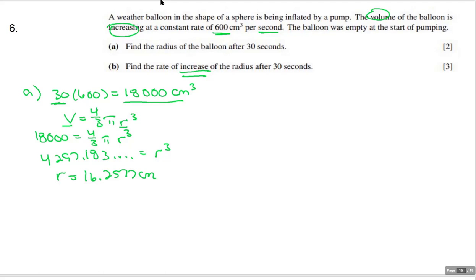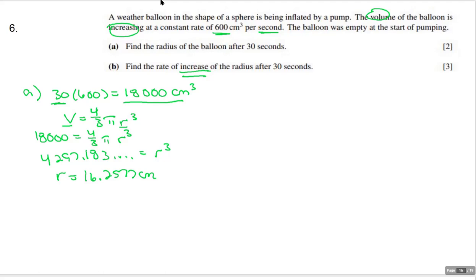One of these two is increasing, and we have to find out how the other one's increasing. They want us to find the rate of increase of the radius after 30 seconds. Whenever they're talking about either the radius or x, something increasing by some rate of time, you're going to want to use this formula.